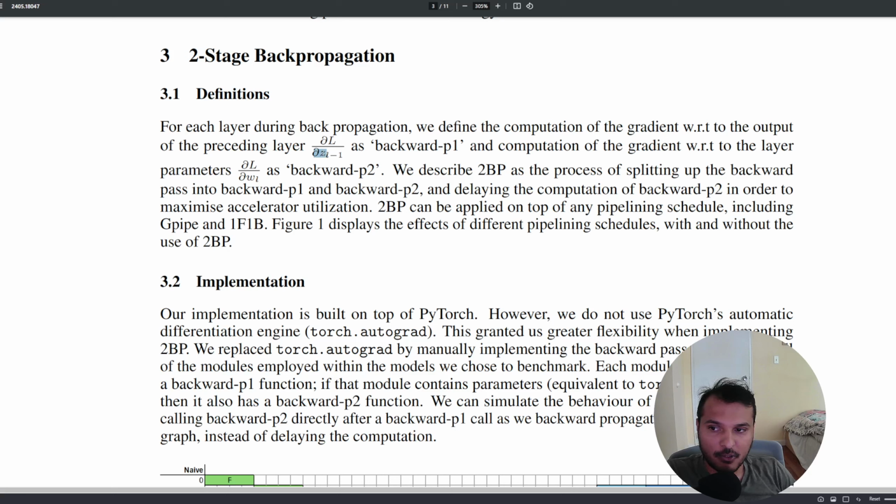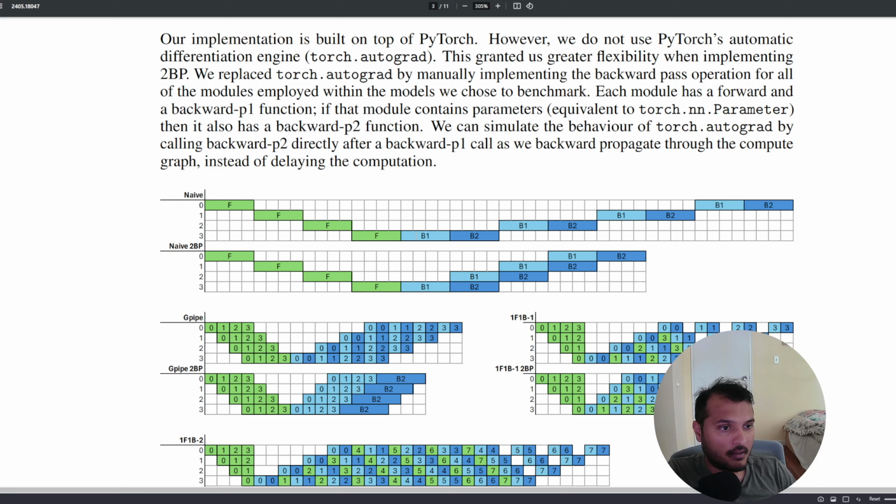I'll use Z and A interchangeably. You can do the same math with respect to Z, but the point is that this can be computed first, and you can use the value of this to compute this one. So what will happen here is, naively, we were computing the derivative with respect to activations first, and then using that to compute with respect to weights, update the weights, and send the derivative with respect to activations to the next GPU, which does its thing.